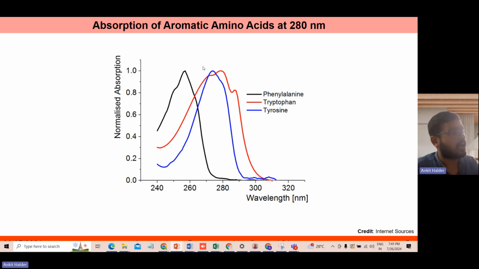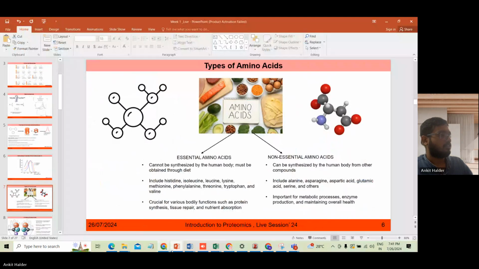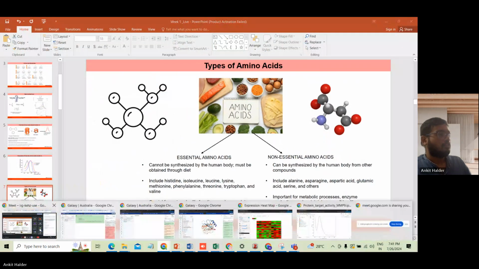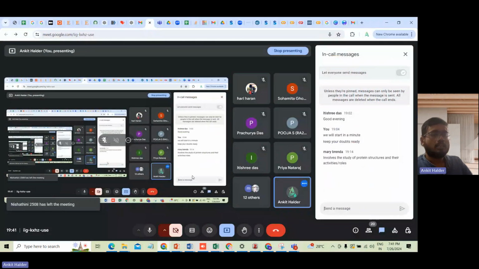So why and how the absorption increases, and at 280 nanometers only the aromatic amino acids show a strong absorbance, whereas other amino acids do not because of these pi electrons. Okay. So is it clear for everyone? If you can just raise your hand that it is clear, or does any one of you have any doubt? No, right?